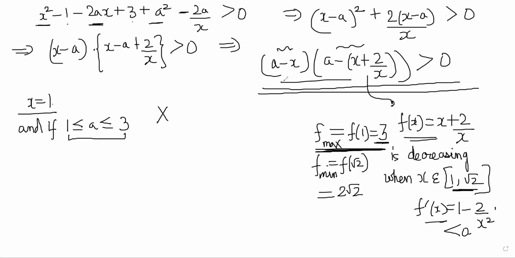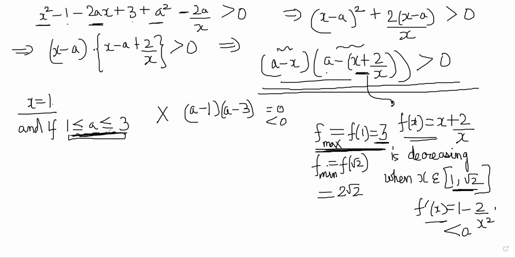It actually becomes equal to 0 or it is negative. Why? Because a minus this 3, it becomes a minus 1, a minus 3. It is either equal to 0 or less than 0 if a is between 1 to 3, right?